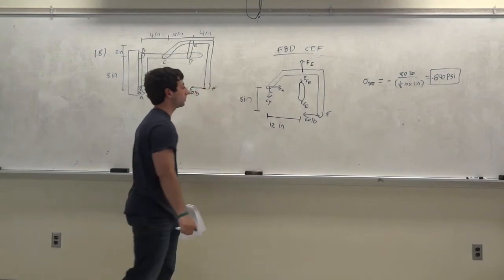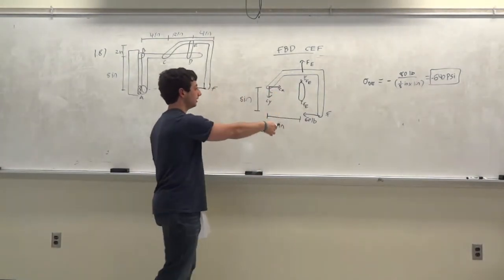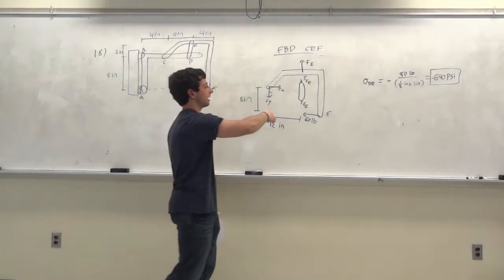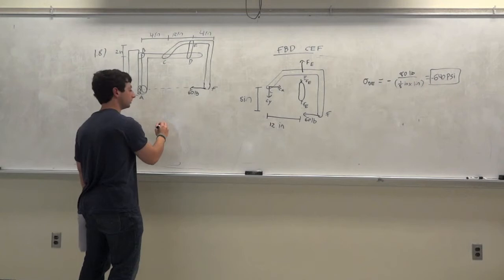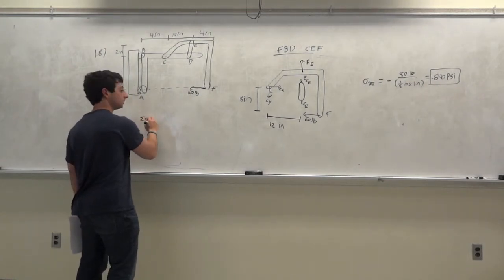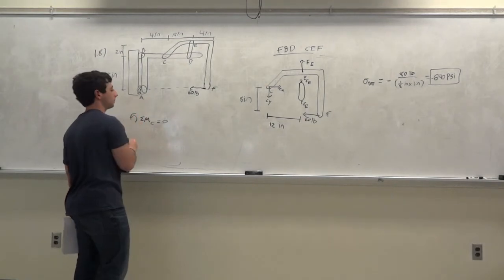Okay. So now we want to know the stress in this link again, so we're going to have to sum the moments at C to get FE. Once we get FE, we can get the stress, okay? Because it's a force over there. Pretty simple. Alright, so let's sum the moments at C again to be 0, taking counterclockwise to be positive.